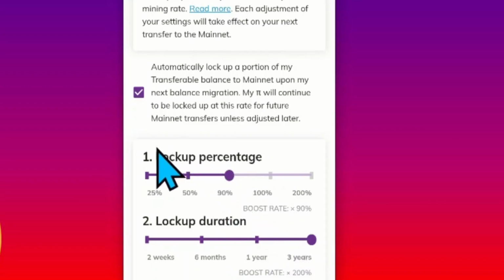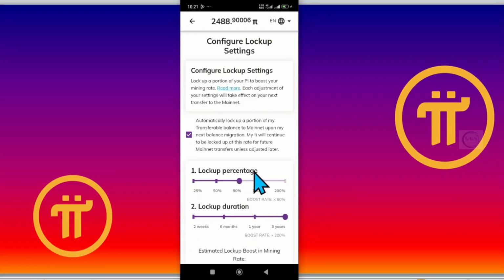So it is due to these configurations during the mainnet checklist that the amount of pie released to you is determined. If you look at this account, during the mainnet checklist, the owner locked up about 90%, and that's for 3 years. The lockup duration is 3 years, and he locked up 90%.